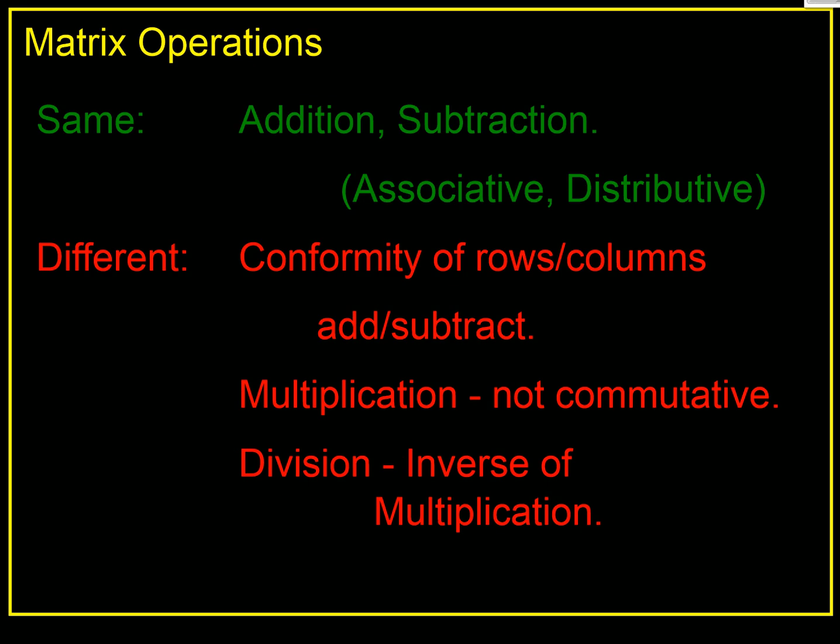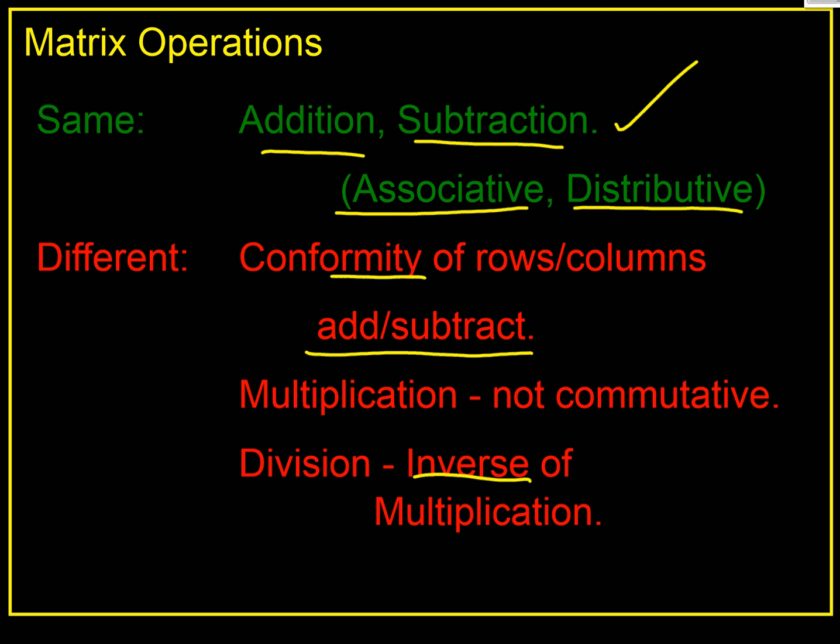I'm not going to deal with division, which is the inverse of multiplication, because I've got a separate video for that. But what we have convinced ourselves of is there is such a thing as addition and subtraction, and that they are the same, and they're associative and distributive as well as commutative. For addition and subtraction, though, we must have conforming dimensions, i.e. rows and columns.